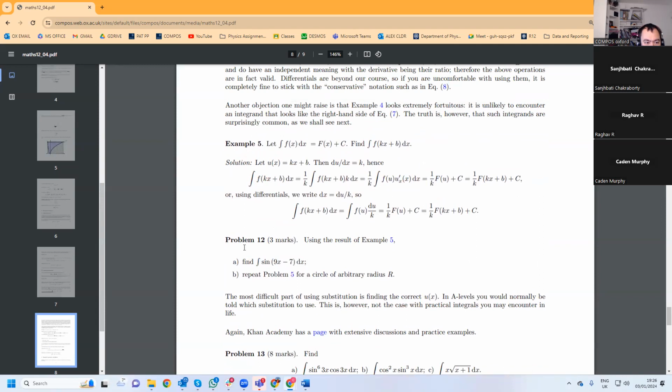I mean, we do expect you to use this based on this example.